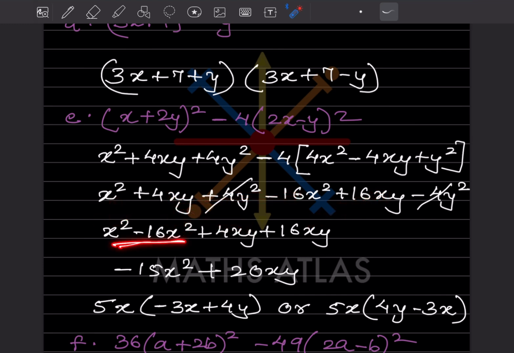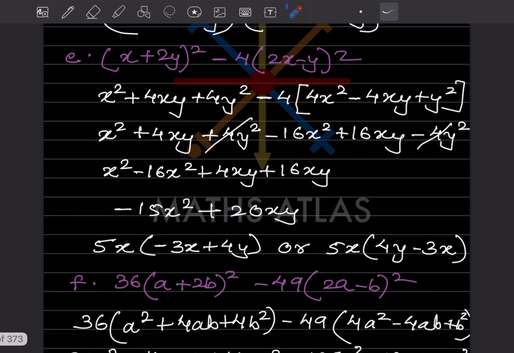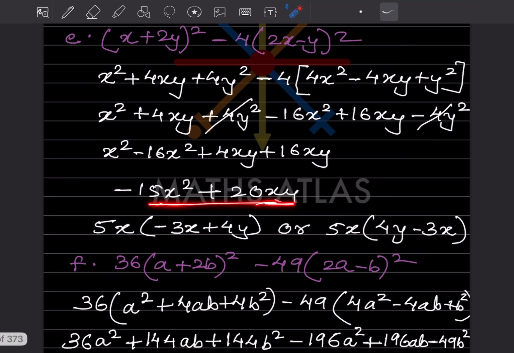So when you solve this, this is actually 1. So minus 16 plus 1, that is going to be minus 15x square, and this is going to be plus 20xy. So from this one, when we take common, 5x into this will be minus 3x will be here, so that we get minus 15x square, and this is going to be plus 20xy.